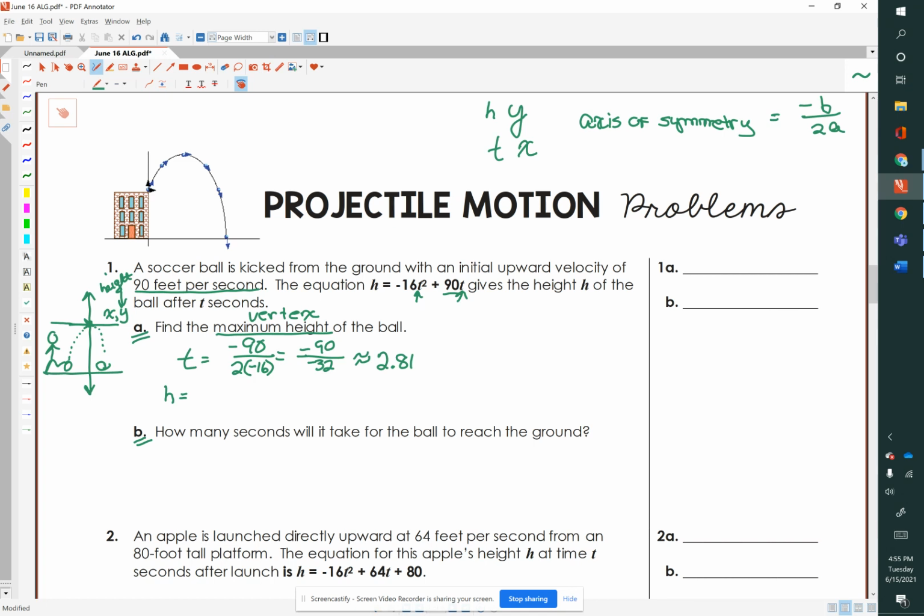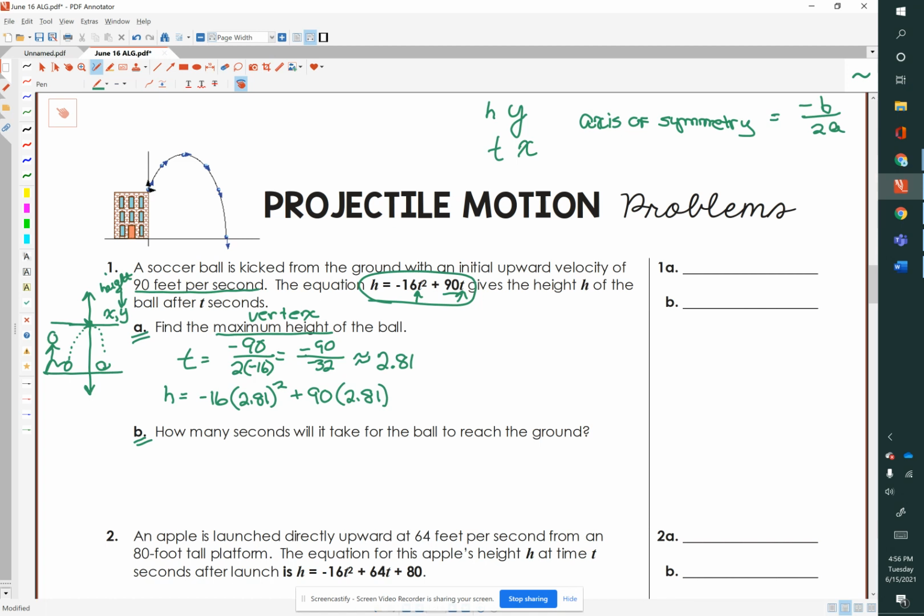So to find the height, we need to find the y value. So we're going to substitute this 2.81 into this equation that they've given us. So h equals negative 16, use parentheses, 2.81 squared plus 90 times 2.81, and this is where the good calculators will really help you.